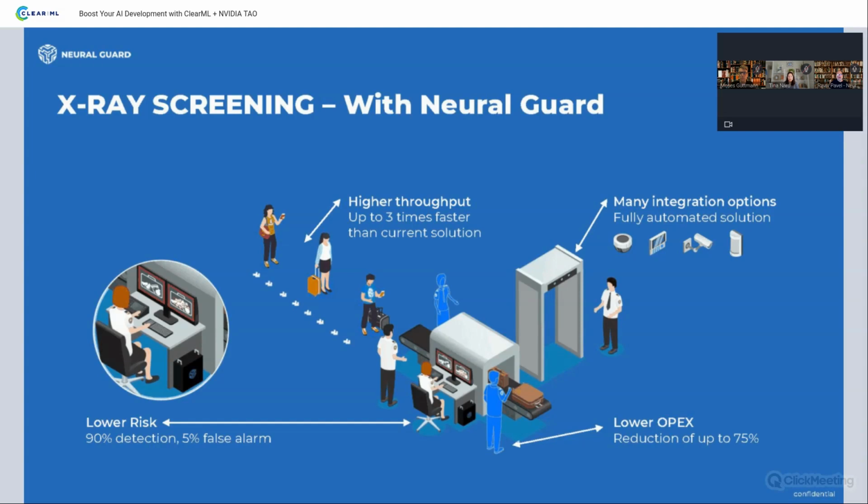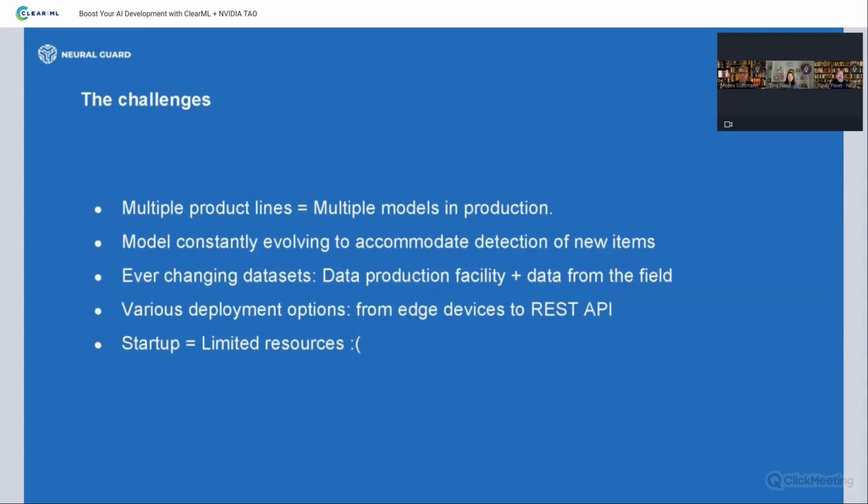So we need a way to deploy the models there, but we also deploy models to the cloud for third parties, and then we expose them as a REST API. So there's a challenge around doing that. And at the end of the day, we're a startup. We have limited resources. We have to do all that and do it very fast and with resources and their cost in mind.